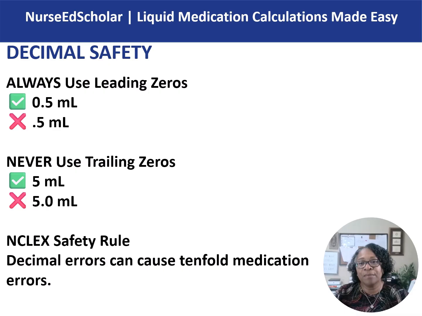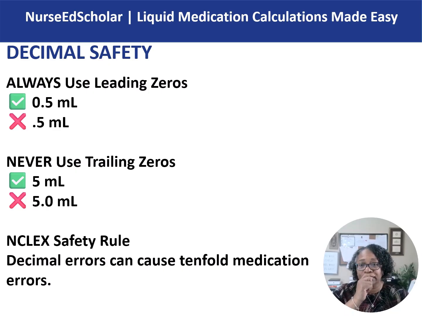The Joint Commission and other organizations say that the problem is, if you make a mistake with the zeros, right, what it can do is make your calculation 10 times worse.